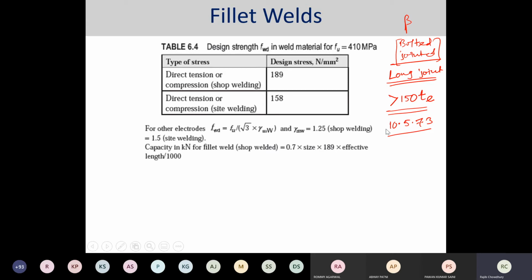Now here in this particular slide, I have given you typical example problems.